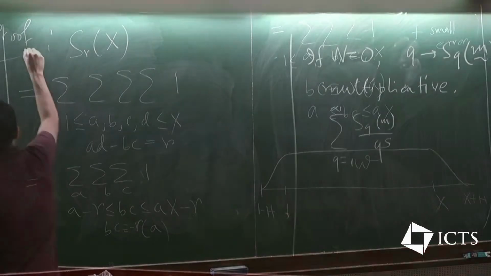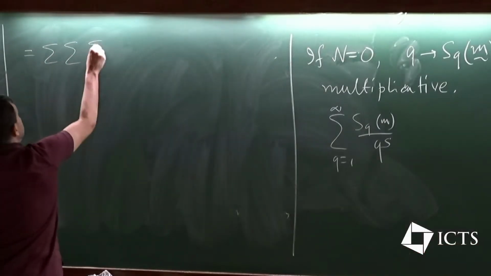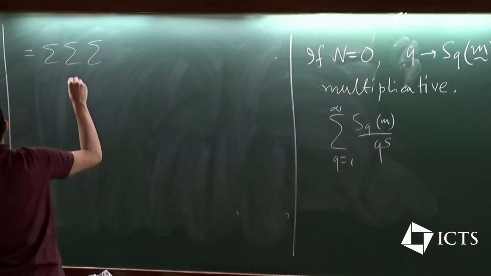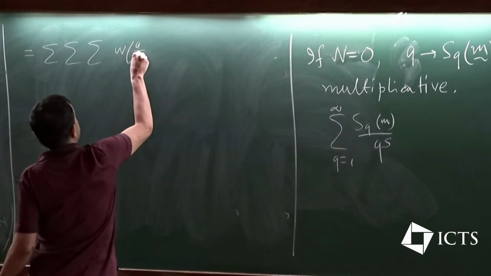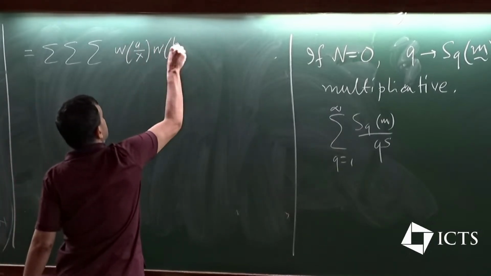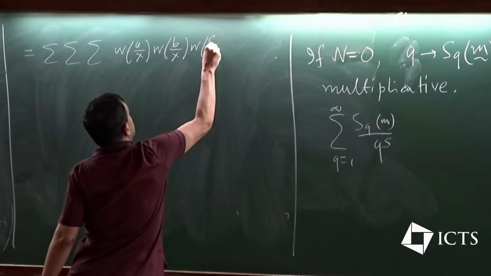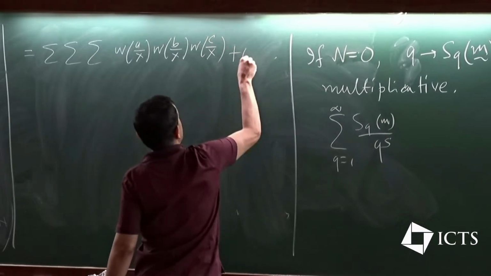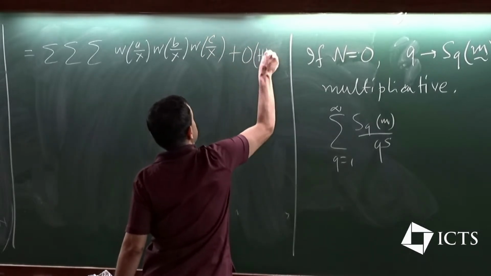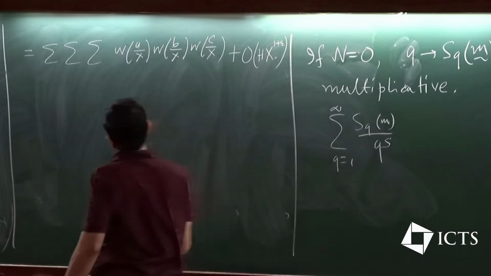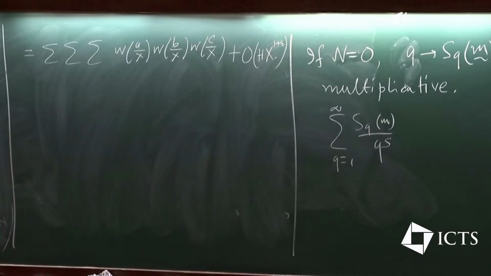So therefore, this sum is a smooth sum, w of BC by A, plus big O of h times x to the 1 plus epsilon. So then I will choose h optimally later. That's not completely true.